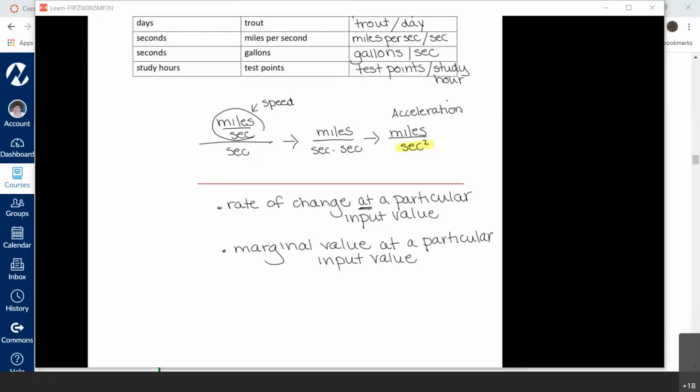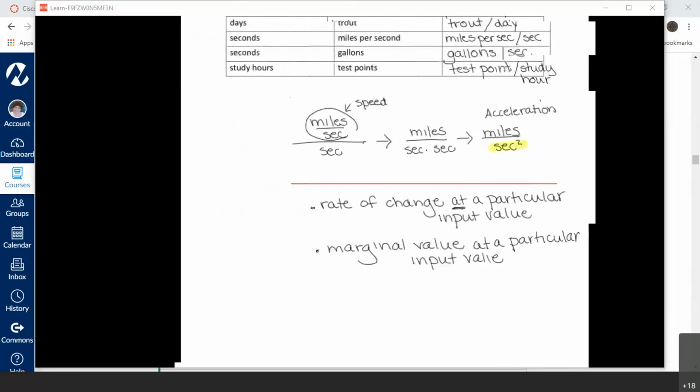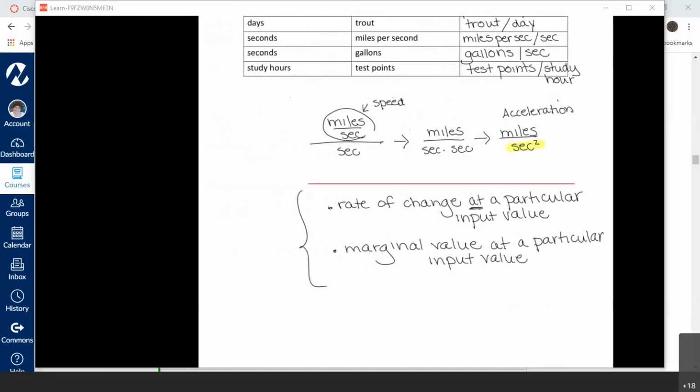So it's the change in your output for making and selling one more thing. That's your marginal value. Well, that's exactly the same thing as the rate of change, the instantaneous rate of change at that input value. So both of these things tell you to take a derivative.